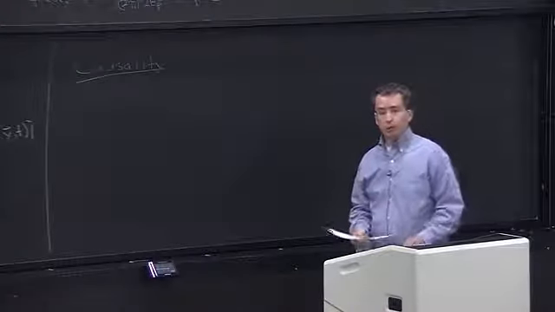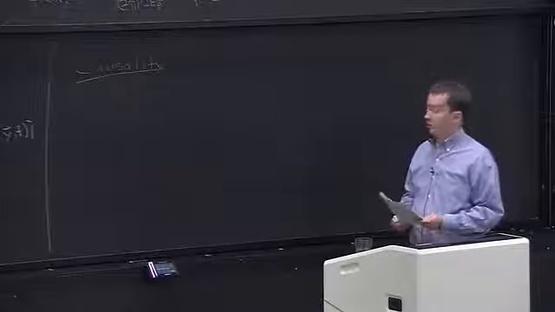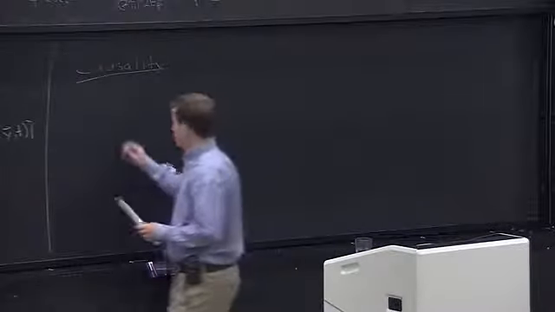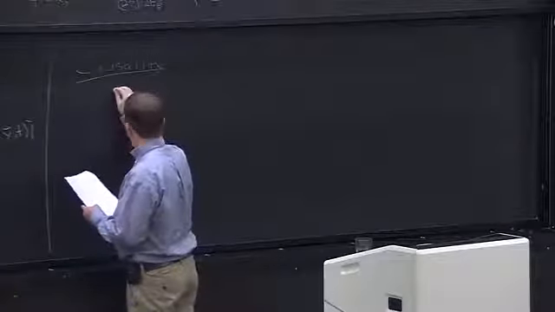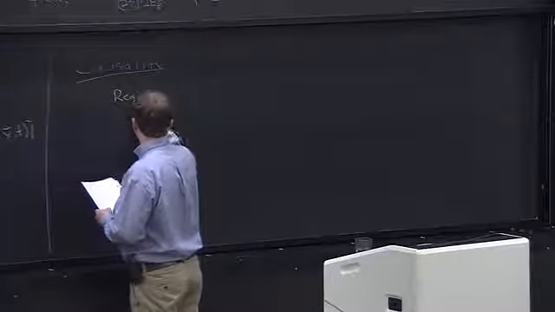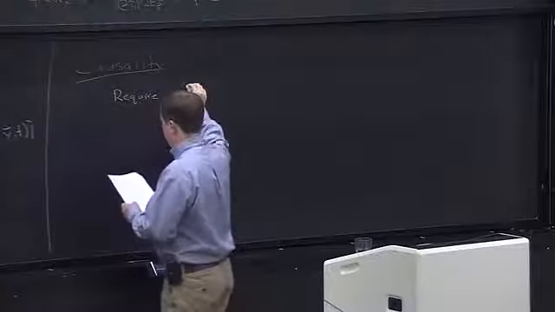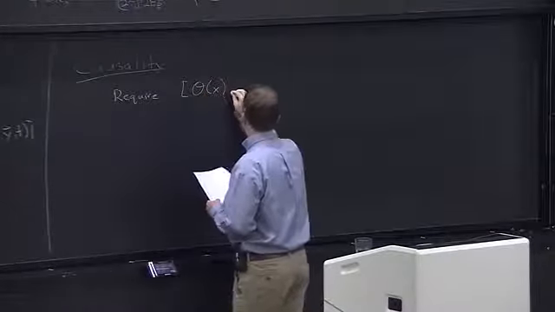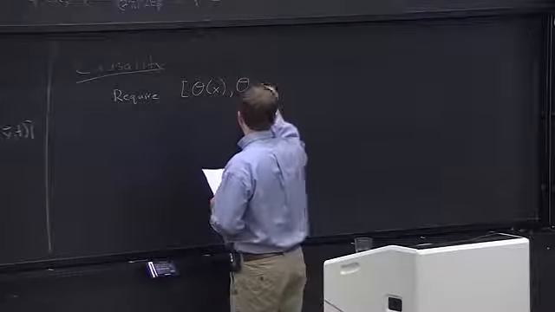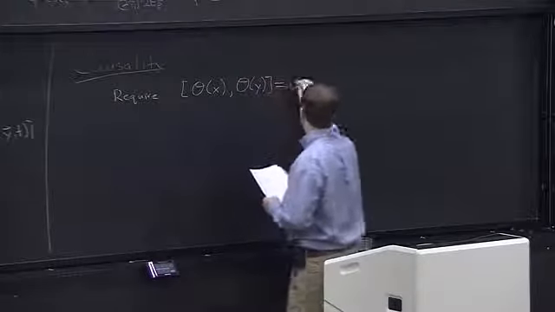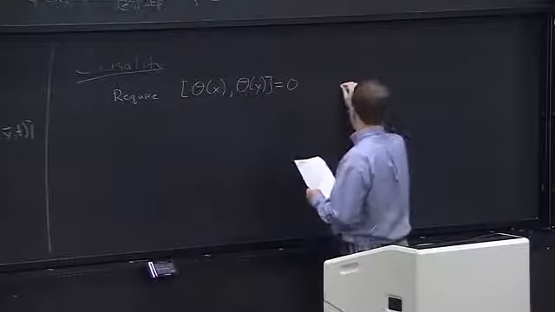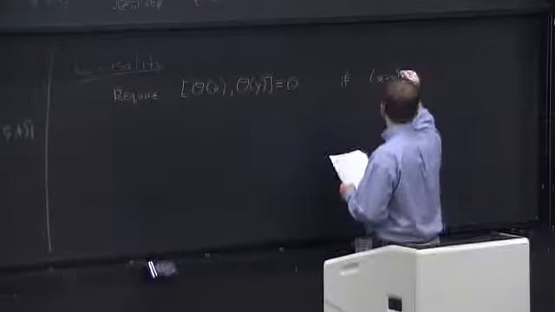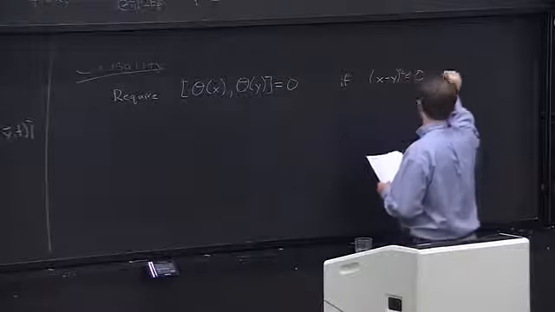One property we particularly care about is that our theory is causal. And so causality for us means that we require that the commutator of two operators should vanish if x and y are space-like separated.